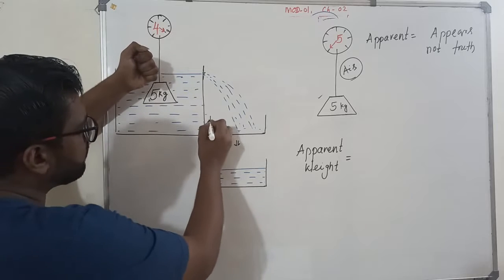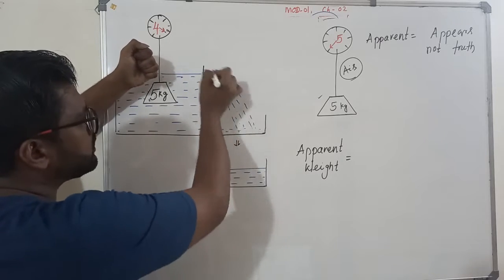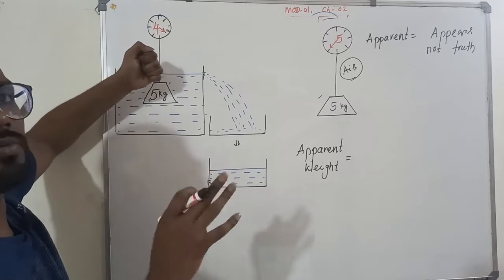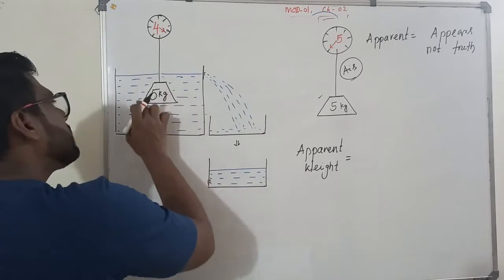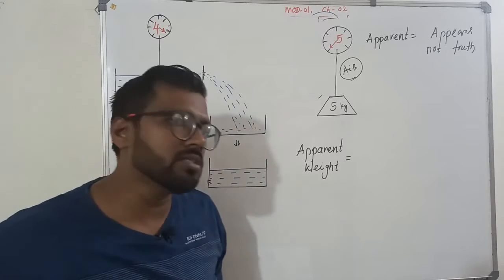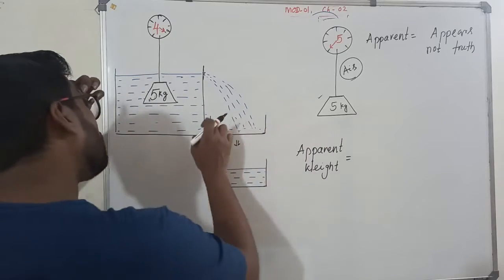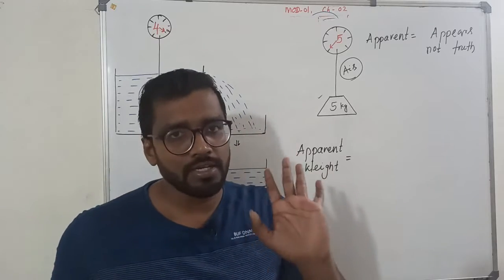And I have kept a container to measure how much volume of water is displacing. From Archimedes principle we know that the volume of water displaced is nothing but the volume of the solid immersed.